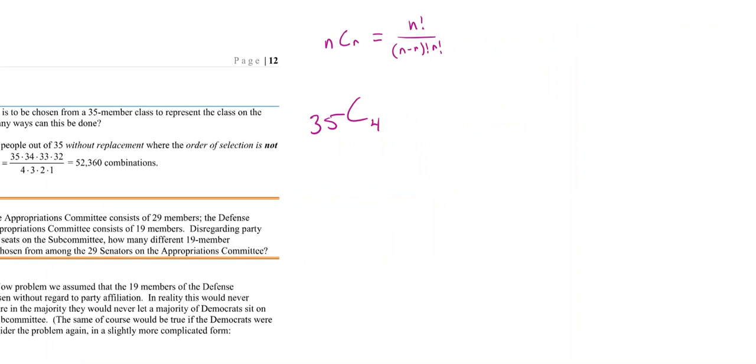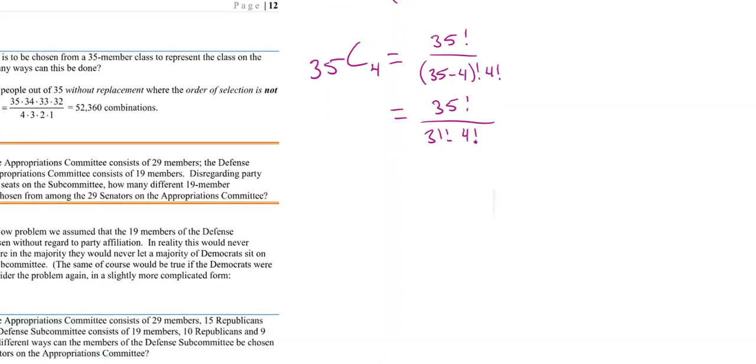Okay, so 35C4 would be 35 factorial over 35 minus 4 factorial times 4 factorial. Now let's change this up again. So we've got 35 factorial over 35 minus 4, which is 31 factorial, and then 4 factorial. Now see what happened here, right?